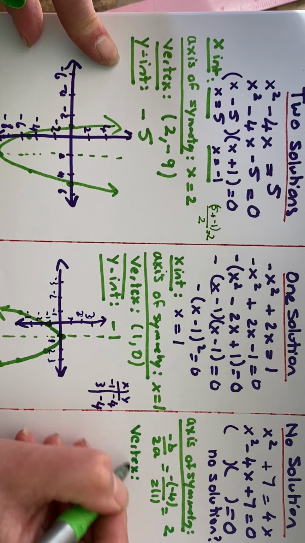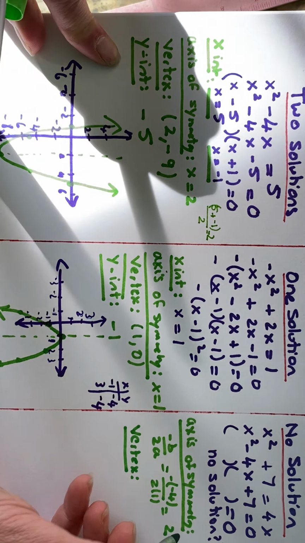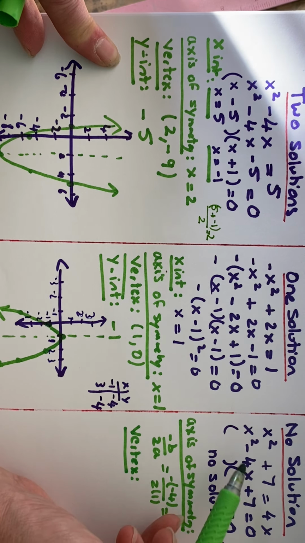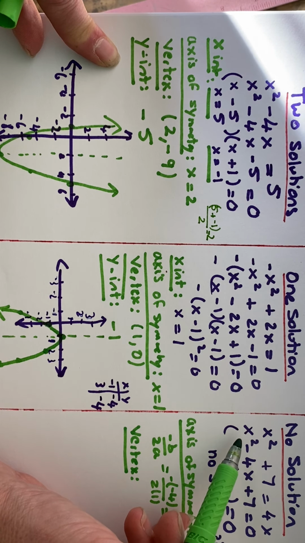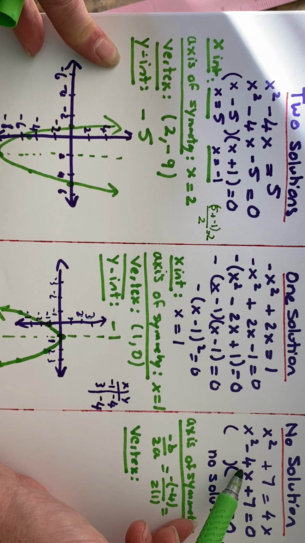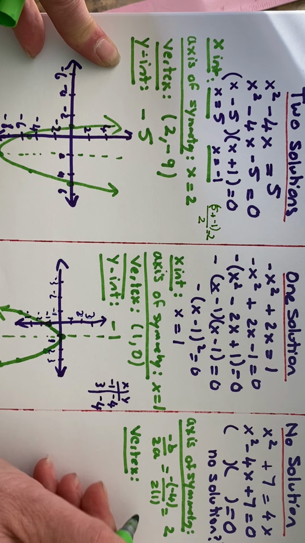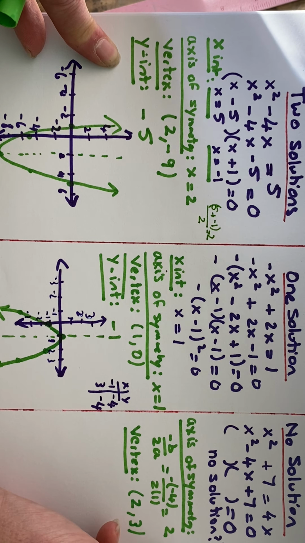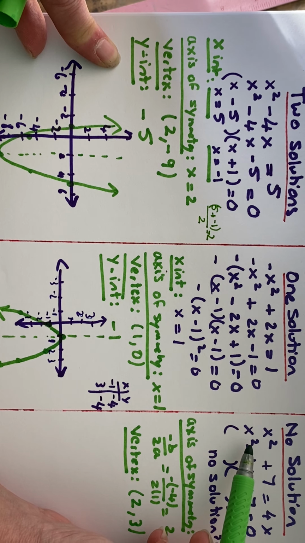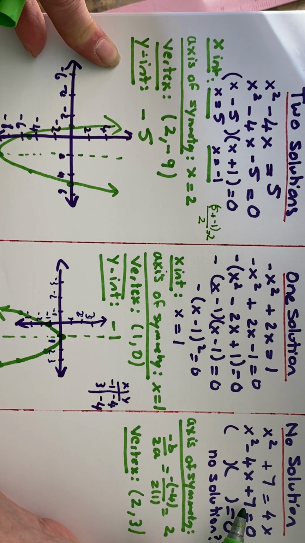My vertex, therefore, if I plug this into my equation, 2 squared minus 4 times 2 is 8. So 4 minus 8 is negative 4, plus 7 is positive 3. Let me just go through it again, make sure I didn't make a mistake. 2 squared is 4, minus 4 times 2 is 8, negative 4, plus 7 is 3.